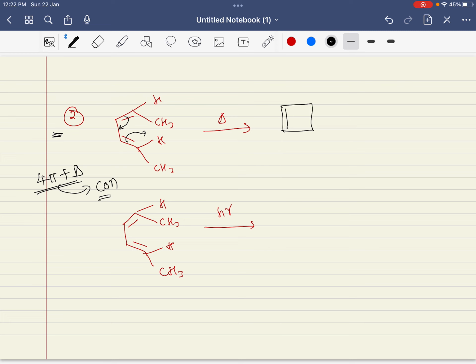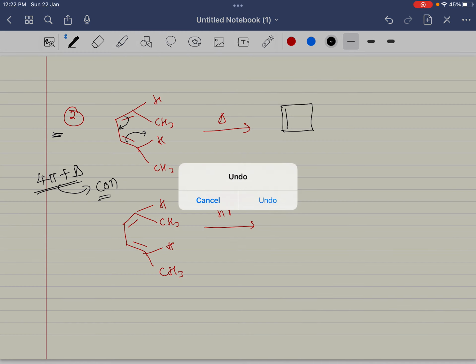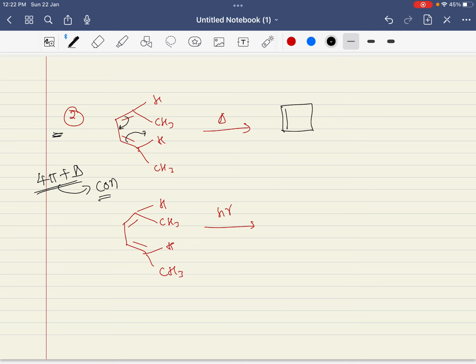Conrotation means, in my last example I rotated in this direction, right? Now we'll change that to this direction. See, moving in one direction. Conrotatory means moving in one direction.